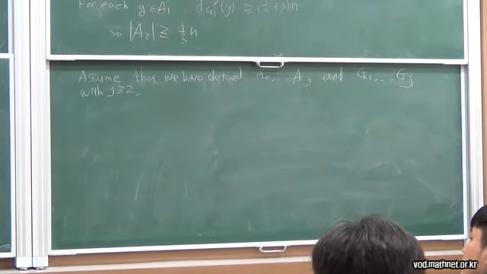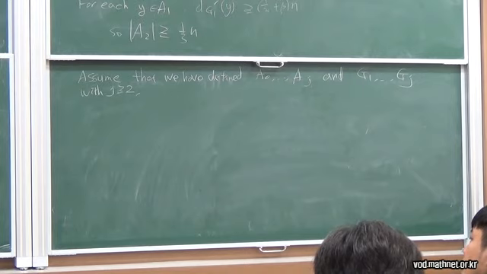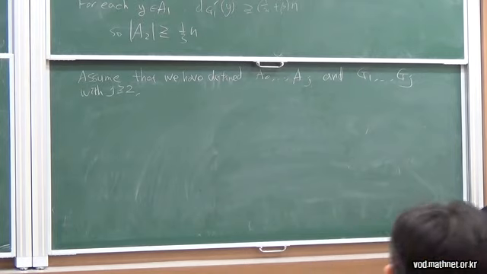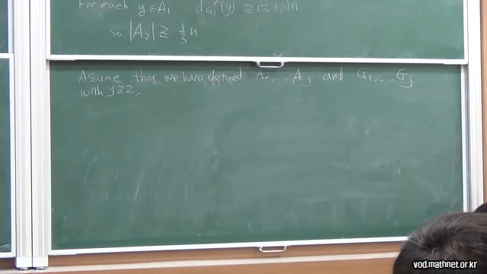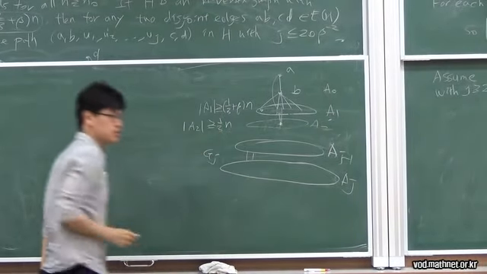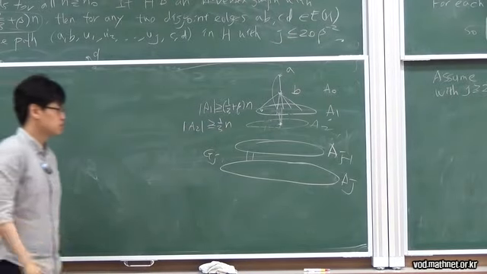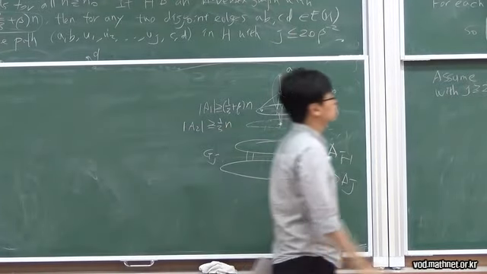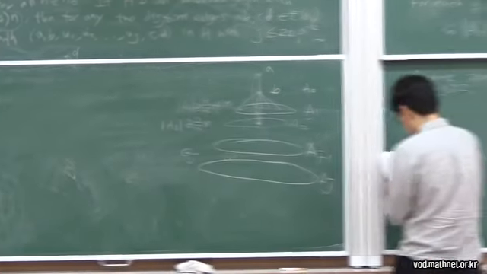this. So say A2 has size also at least 1/3 n. So we have defined up until A J minus 1, A J. So this is G J. Now we want to define the next level. Again, the idea is similar.